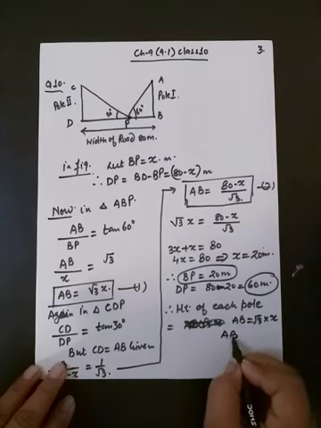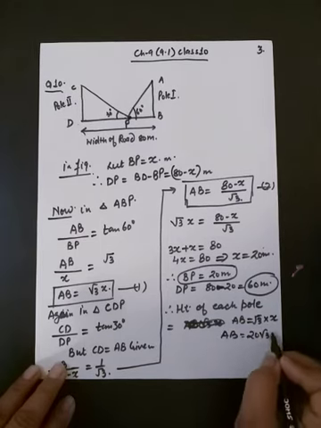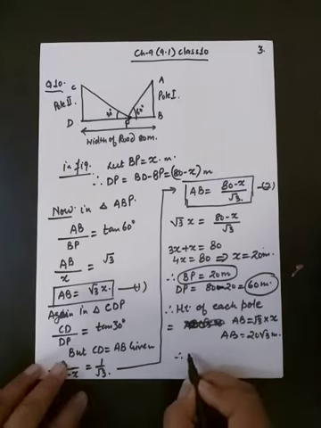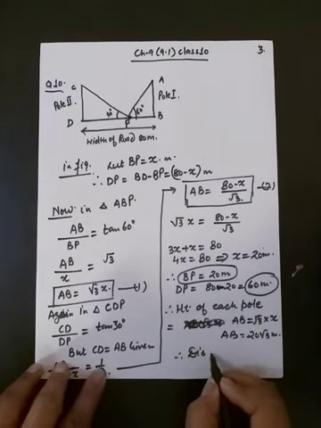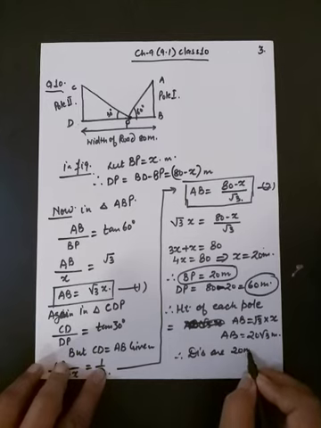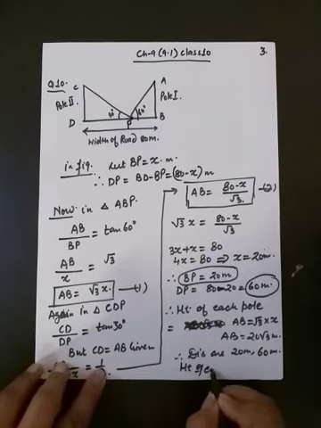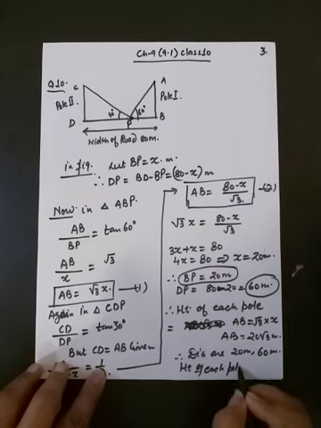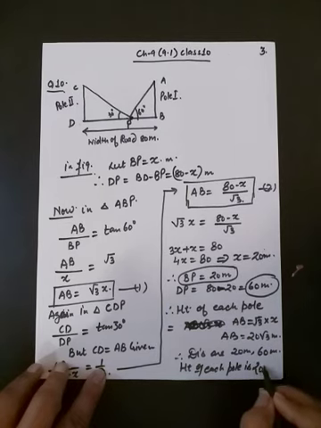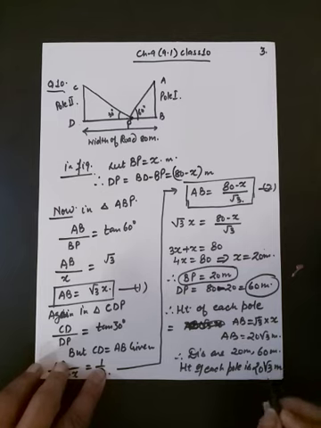So AB will be 20√3 meter. Therefore the distances are 20 meter and 60 meter and the height of each pole is 20√3 meter.